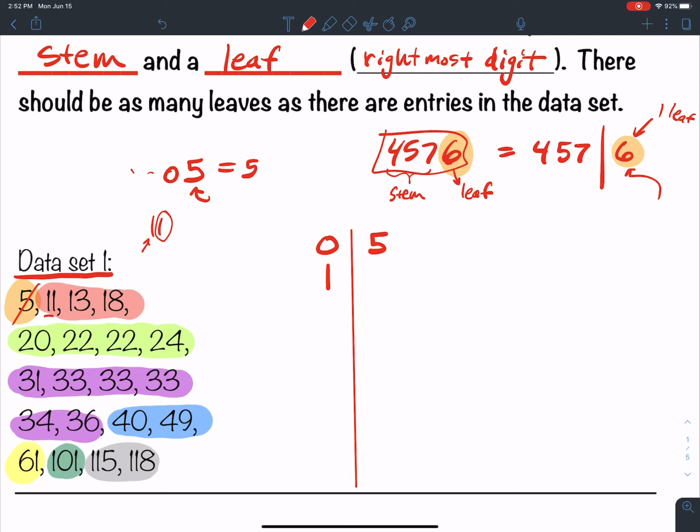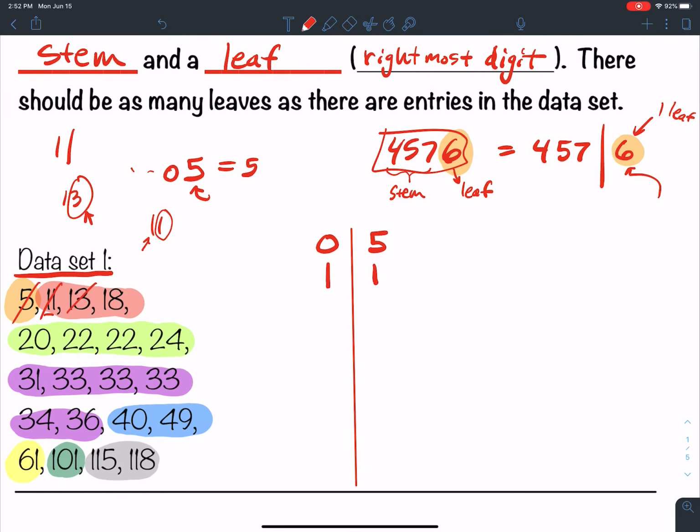This row will be all my tens, between 10 and 19. So I put 1 here for 11. For 13, the rightmost digit is 3, so it's 1 then 3, and we're still on the 1 row.